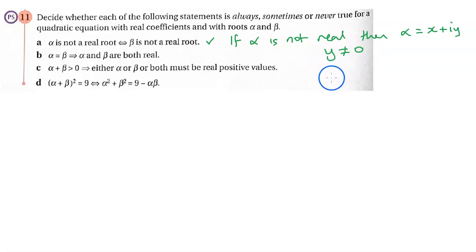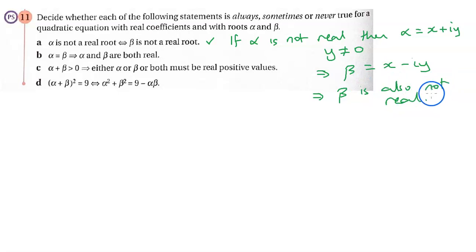And then, since we know complex roots come in complex conjugate pairs, that implies beta is equal to x minus iy, where y does not equal 0. So beta is also not real, and vice versa. So the opposite way applies as well. So alpha is not a real root if and only if beta is not a real root.